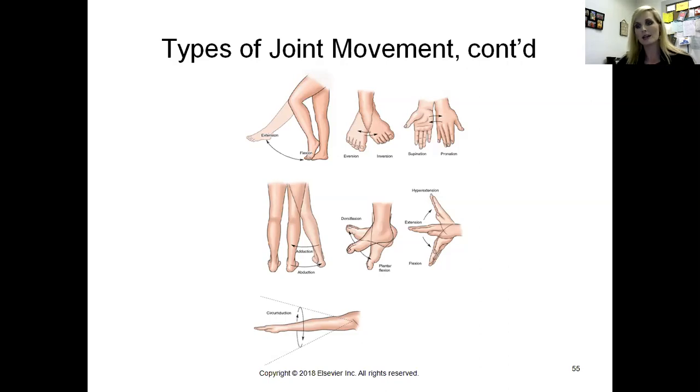But when a body part can make a full circle, that's called circumduction. They use the example of the shoulder, how I can move my arm in a full circular motion. That's called circumduction. Remember that circle, the prefix of circumduction sounds the same. If I move my entire head in a circle, I think you would have to call an exorcist. But that's just rotation.